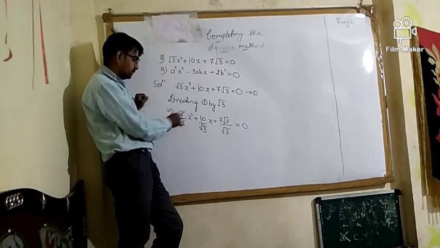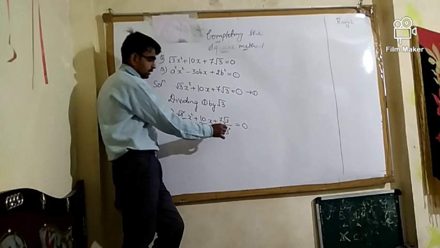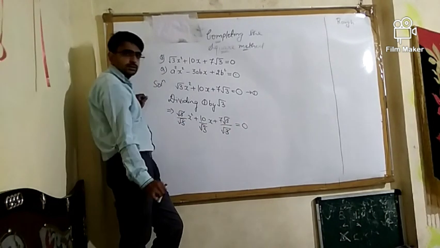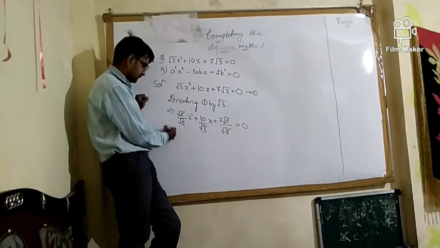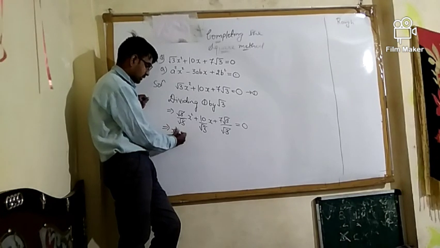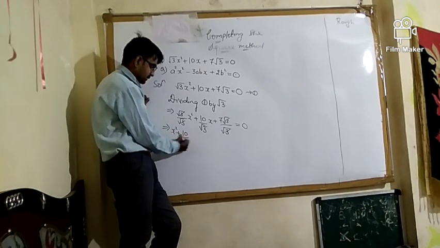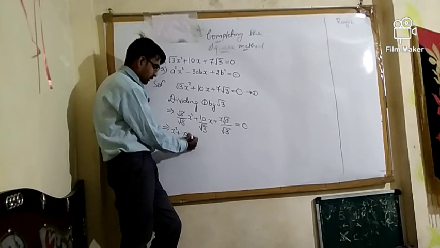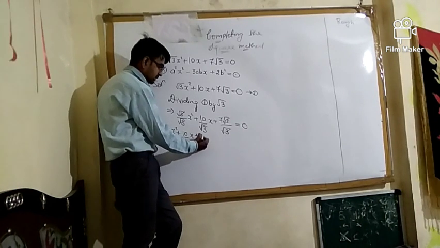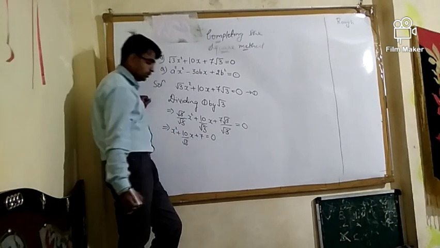See, root 3 cancels. Here also root 3 cancels. What I get is x square plus 10 by root 3 x plus 7 equal to 0.